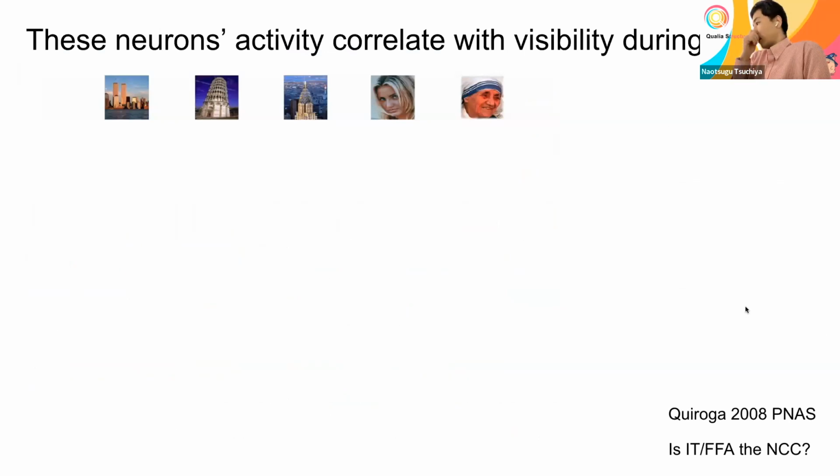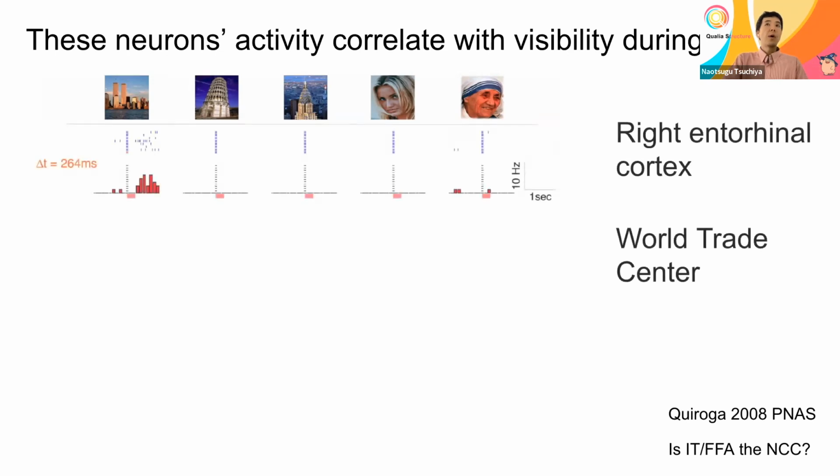And these researchers also tried a backward masking experiment while recording these neurons. These right entorhinal cortical neurons were found to respond to this World Trade Center image when it was presented for a relatively long duration, 264 milliseconds.